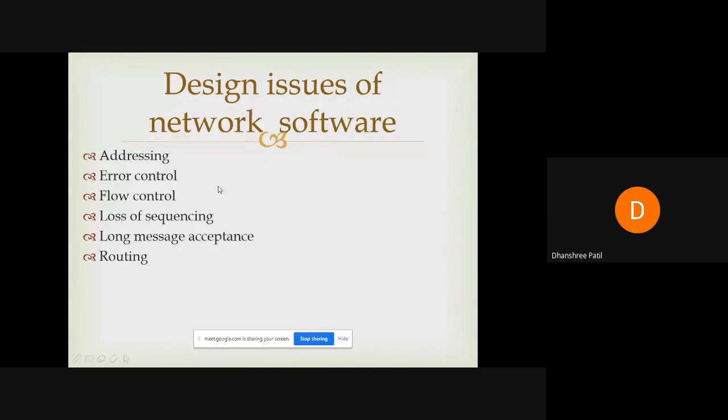What is meant by addressing? What is error control? What is flow control? Already we have discussed all these in the third chapter. How addressing is done, how error control is done. Addressing means what?